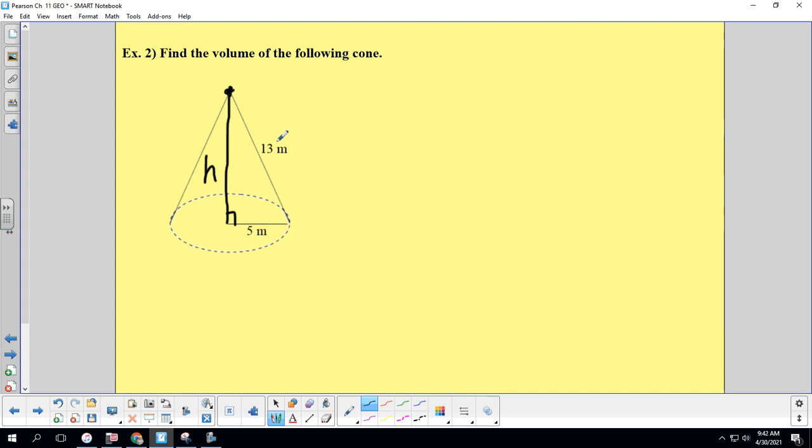We have to use the Pythagorean theorem to find the height because the volume of a cone is 1/3 the area of the base times the height. If we don't have the height, we cannot get this formula to work out. So let's go ahead and find the height so we can check that off of our list. H squared plus 5 squared is 13 squared.